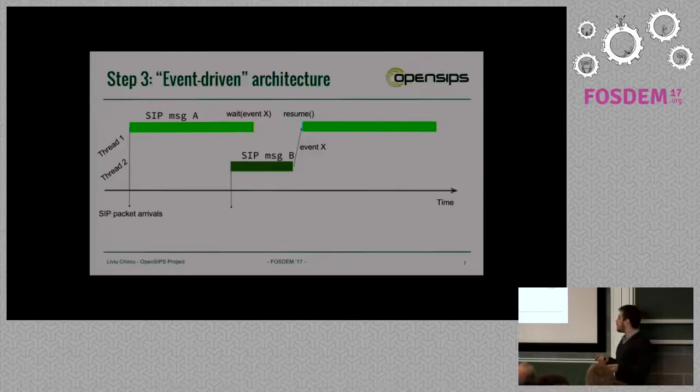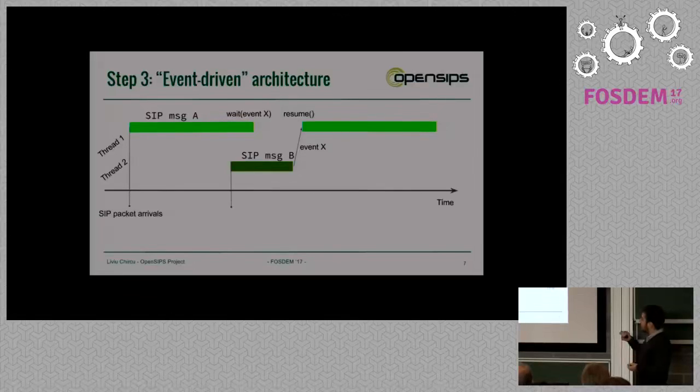So this is the first type of scenario in this event-driven architecture, which requires different processes to share data. Let's assume we have a SIP message that is being processed, and at some point you have to block. You have to wait for the receival of some other one, totally unrelated from a transaction point of view, that will unblock you.